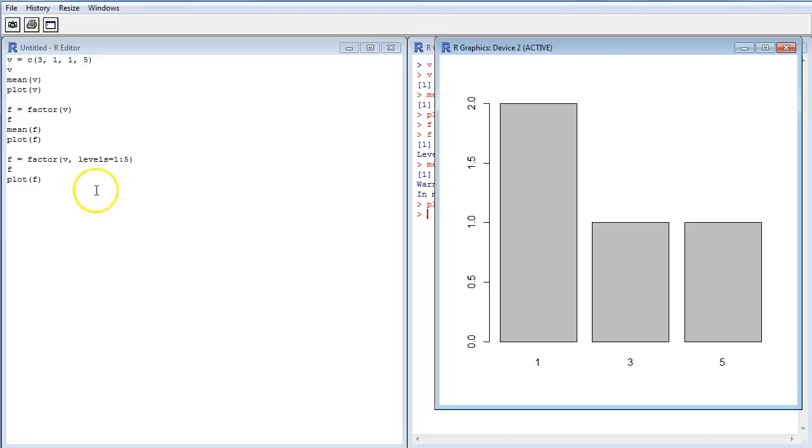We can force R into understanding this by providing the attribute levels when creating the factor. So we recreate f and let it contain the data v, and we give it the levels 1 to 5.